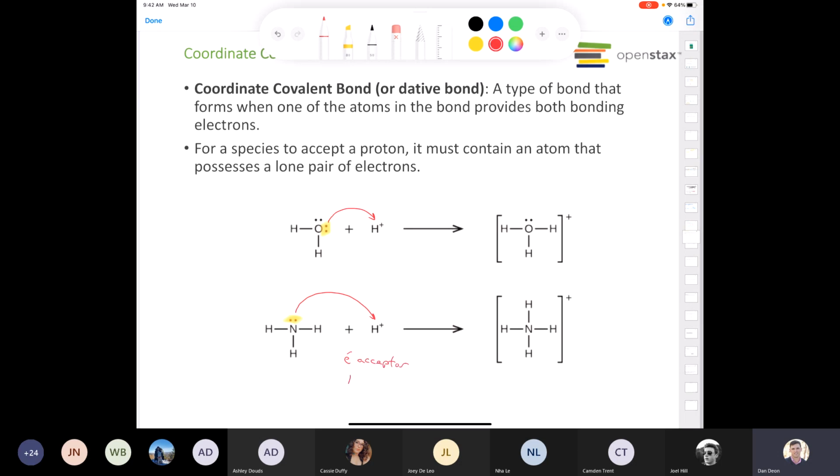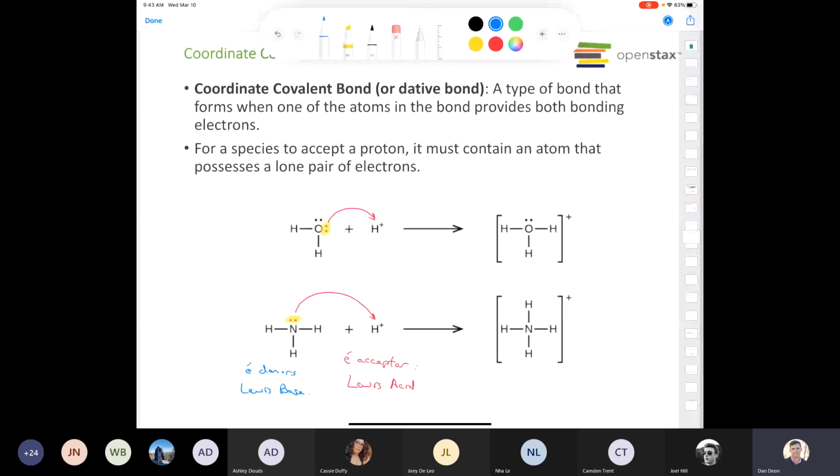It is the Lewis acid. Okay, and you see how both water and ammonia are the electron donors or Lewis base. And you can be sure that on your next exam, I'll ask you, is this a Lewis base or is this not a Lewis base, things like that.